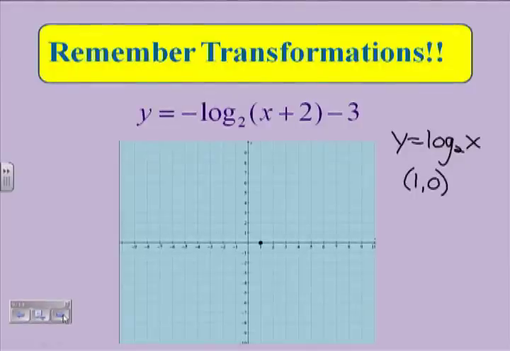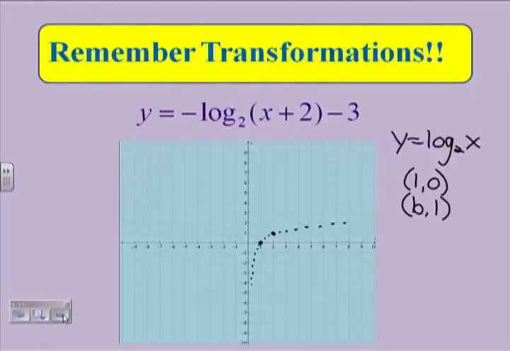The other point they all go through is b, comma 1, where b is its base. Well, in this case, his base is 2, so it goes through the point 2, 1. So here is the basic graph for log base 2 of x.